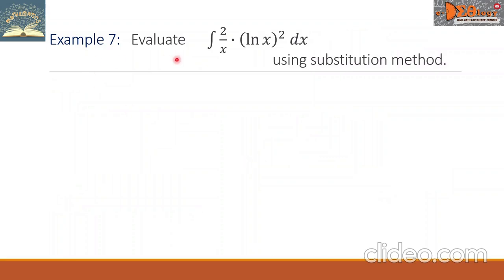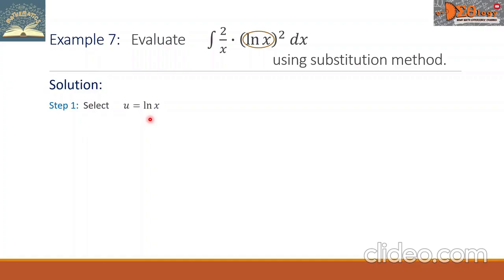Example 7. Evaluate the integral of 2 over x times the square of ln x, then dx, using the substitution method. Let us select u. Because of this power 2 here, we now conclude that our ln x is our u. So, u equals ln x.